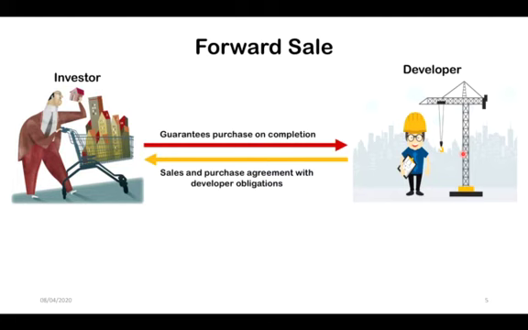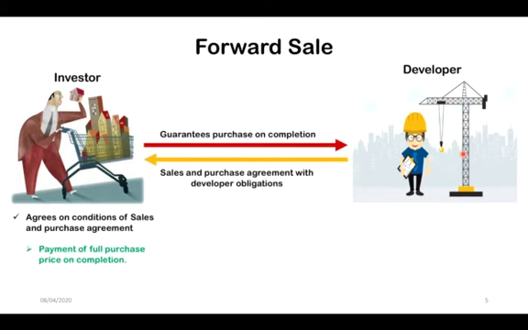The investor will be required to agree on the conditions of sales and the purchase agreement, and here we also agree to make payment of full purchase price on completion of the development. The developer, on the other hand, would have to find funding for the construction cost.